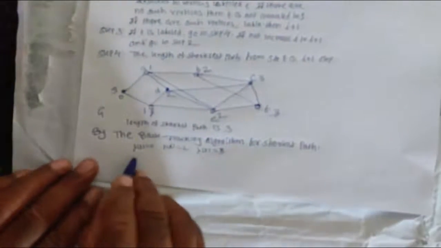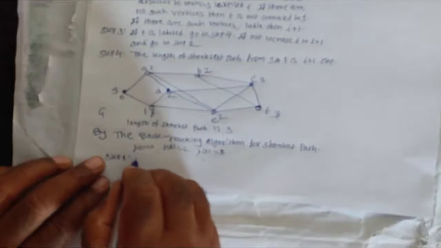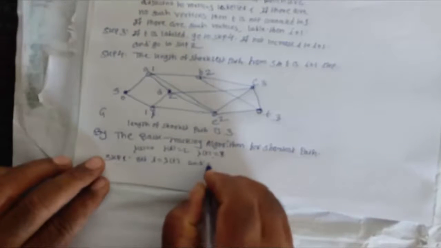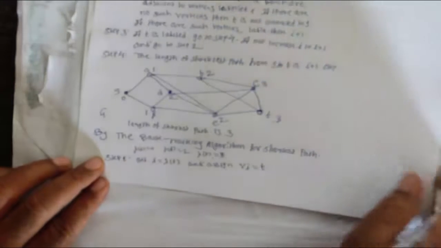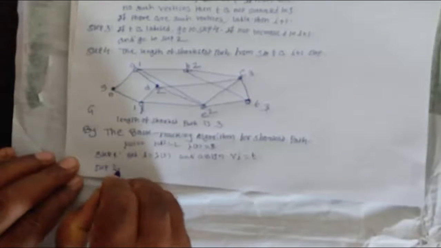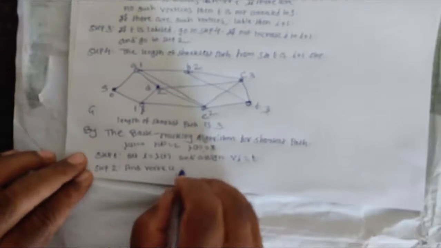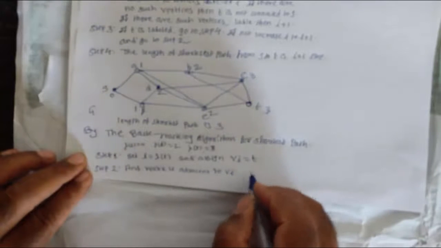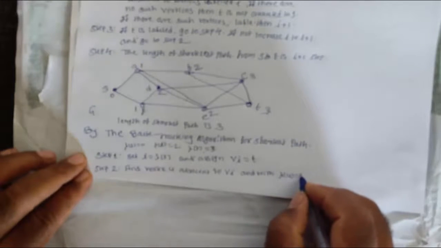By denoting lambda of this, then step first: set I equal to lambda of T and assign Vi equal to T. Step 2: find a vertex U adjacent to Vi with lambda of U equal to I minus 1.